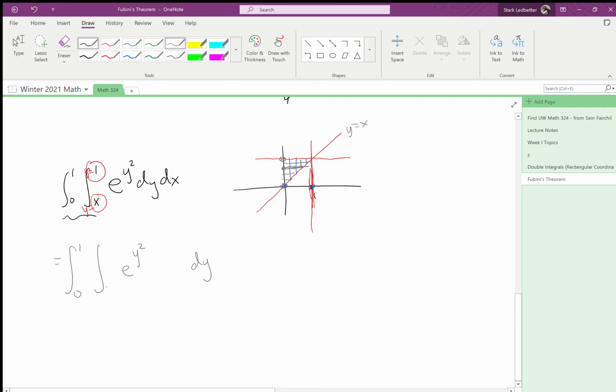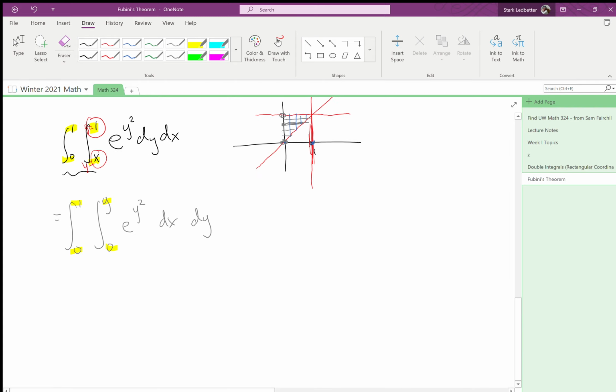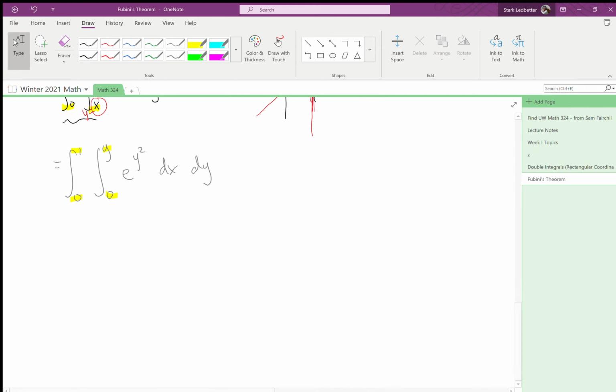So x is going to go from 0 to y. Impossible to guess how these things change. Those numbers, you can't guess that it's going to change unless you draw the picture. So you must draw a picture. There's going to be more complicated things going on in this class. You must draw a picture for those as well.